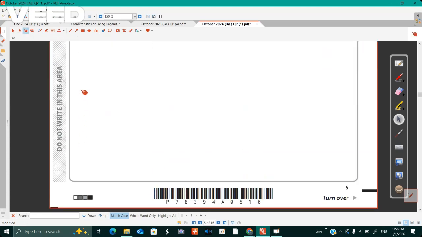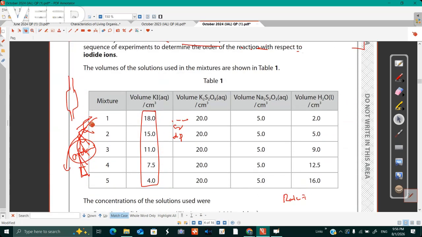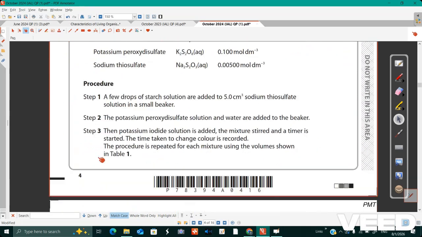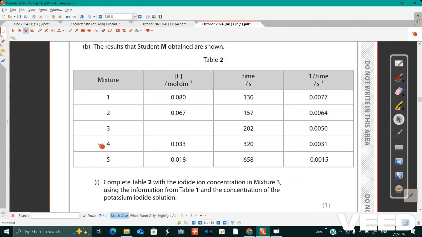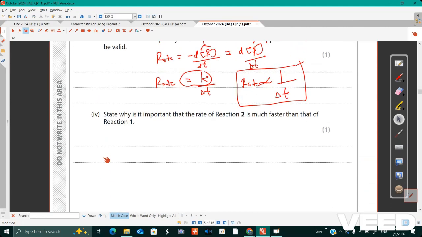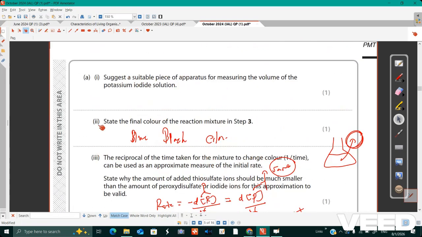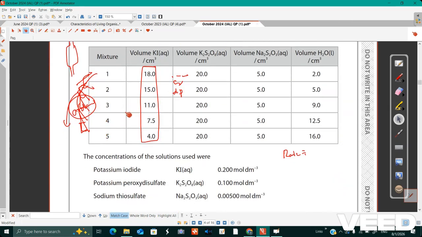Have they given us the rate equation? No, the rate equation is not given. We don't know the order. Volumes are given here.